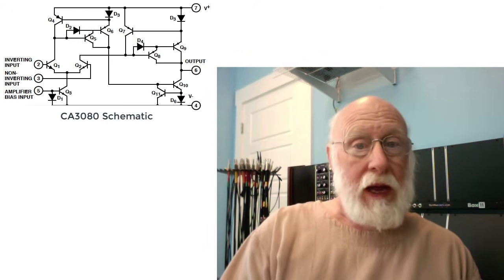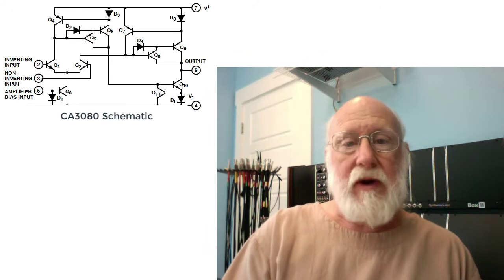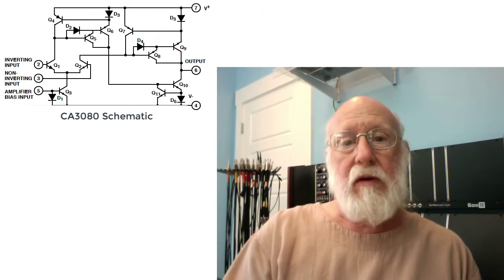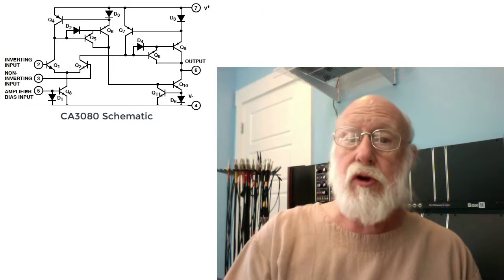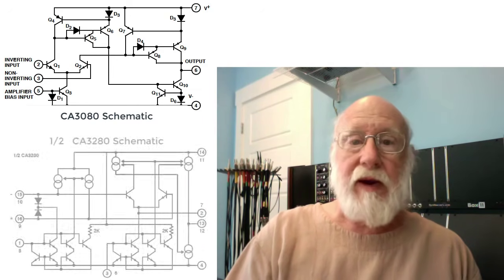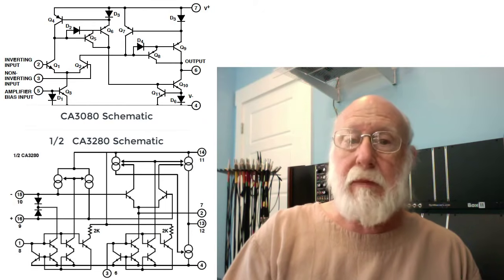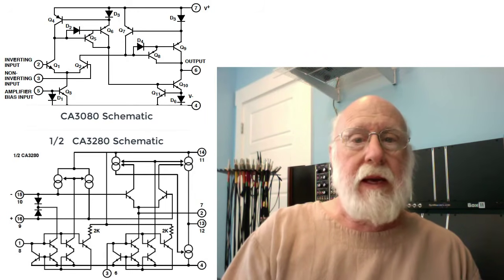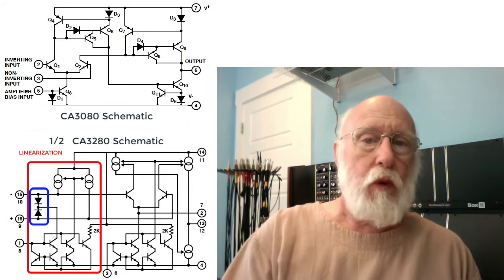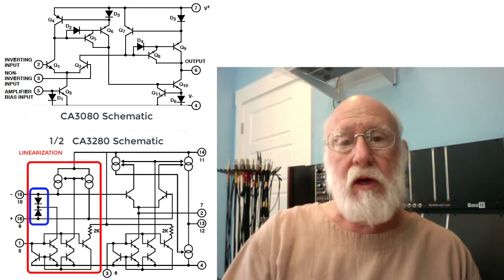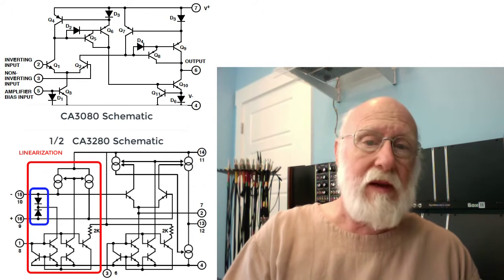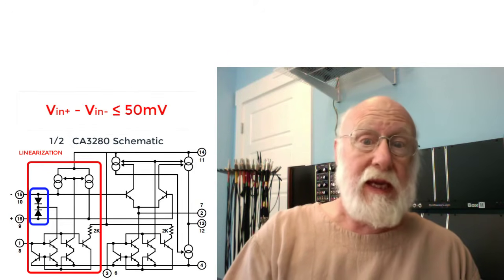It did not take long, however, after the introduction of the 3080 to improve upon that design, and a couple of chips of note were both dual OTAs. One was the CA3280, which had two OTAs in the package, and it also had a linearization scheme that used a couple of diodes to pre-warp the input signal so that you could extend that linear range from about 10 millivolts up to about 50 millivolts.